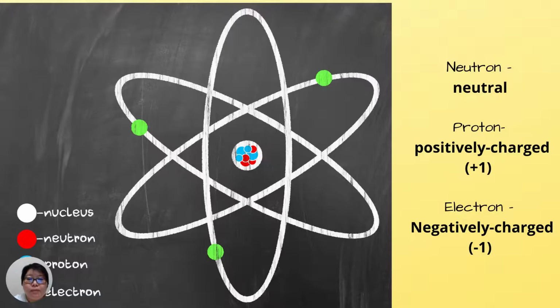This is the atomic structure that you have learned. It consists of the nucleus, the center part here, with the blue and the red. What is in the nucleus? The neutron and proton are in the nucleus of the atom, and the green is the electrons.